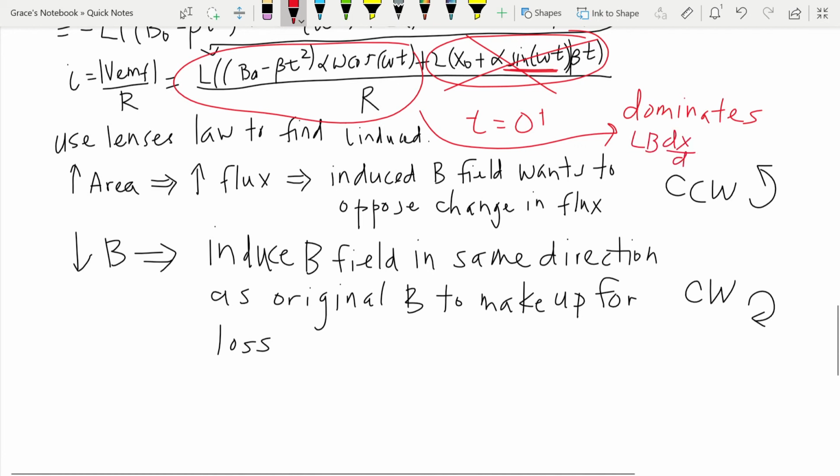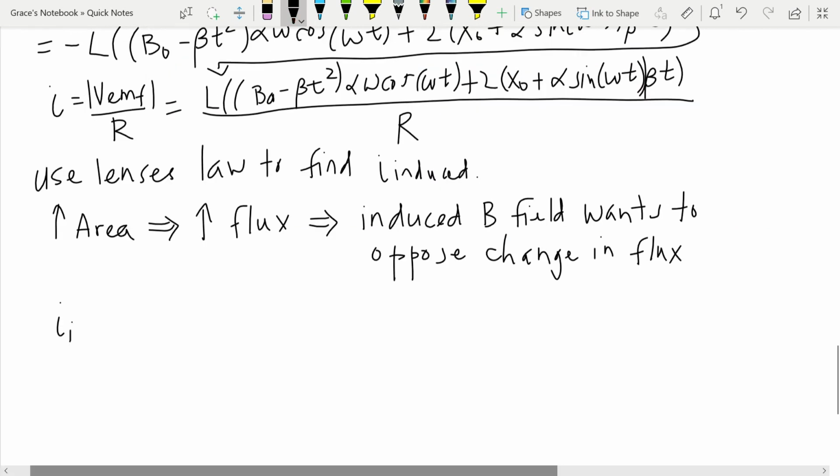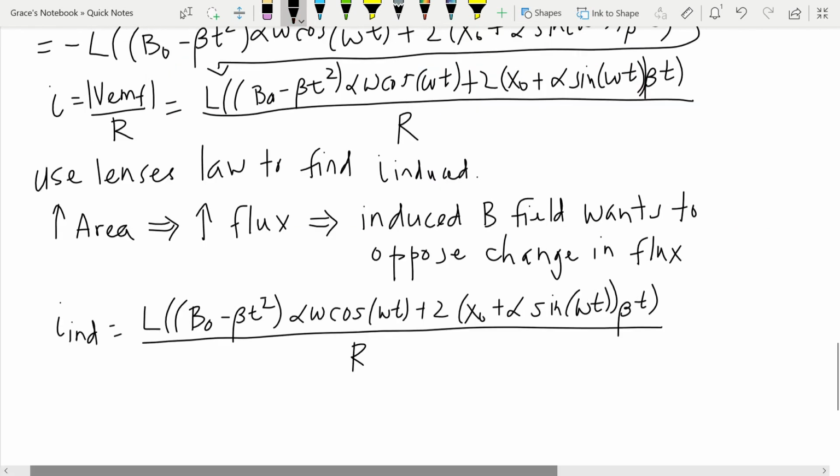And so we see that only the change in distance is affecting the direction of the induced current at small t. And so our induced current when t equals 0 plus is going to be in the counterclockwise direction because of the change in area, which is due to the change in distance.